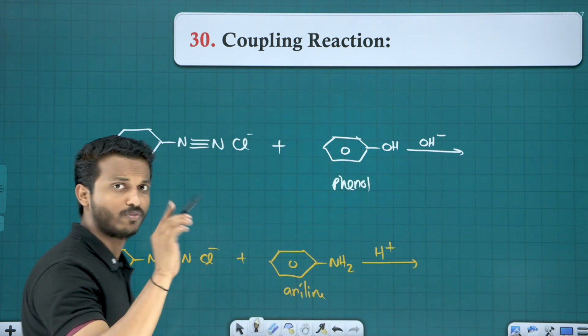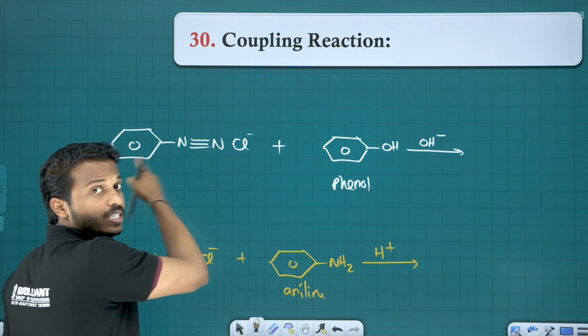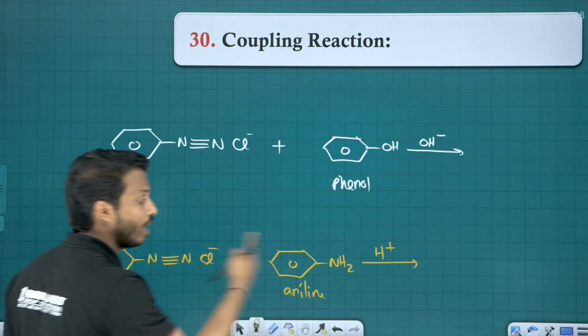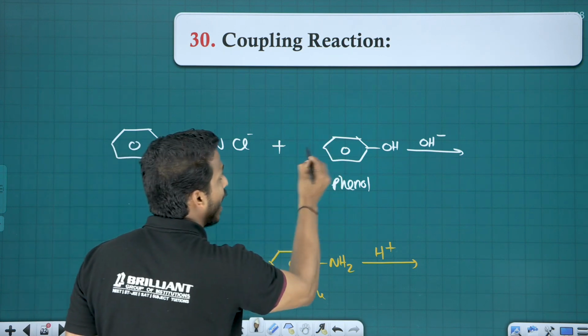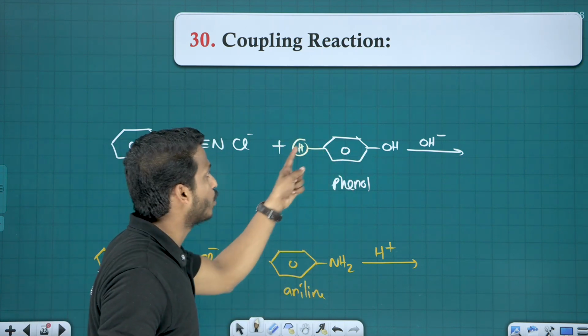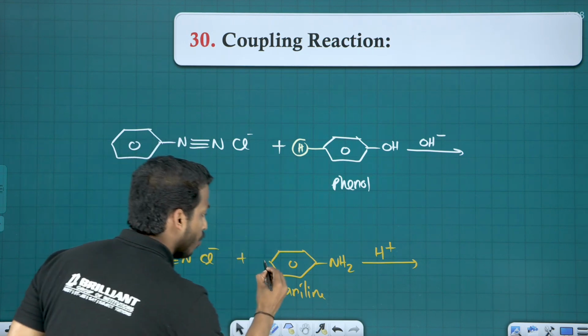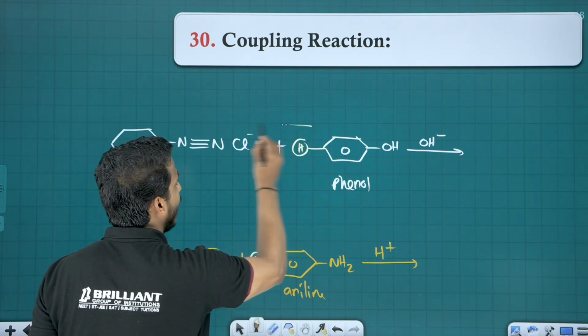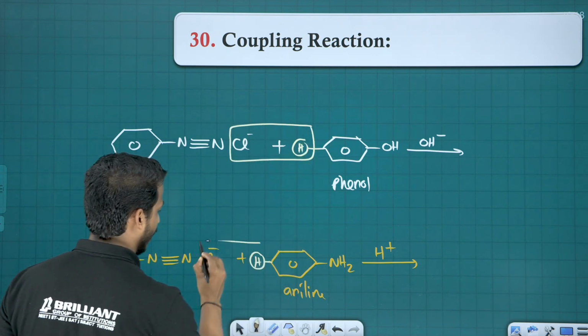Listen very carefully, my dear. Very simple. This is our benzene diazonium chloride with phenol, and this is benzene diazonium chloride with aniline. From the para position of phenol, take 1 hydrogen. From the para position of aniline, take 1 hydrogen. You know why? This H and Cl are going to be eliminated.